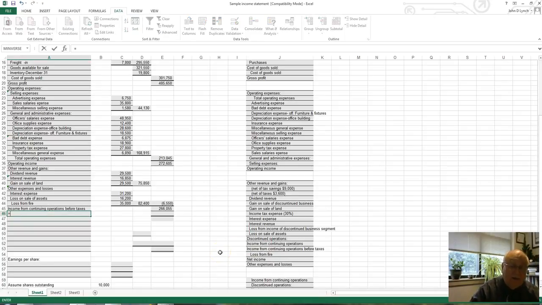And then we do the income tax. There we go, income tax. And we're assuming a 30% rate on that. So we take the $266,055 times 0.30 and get $79,817.